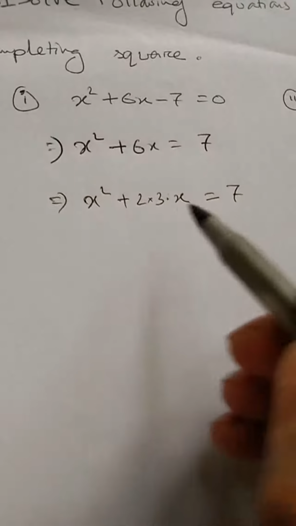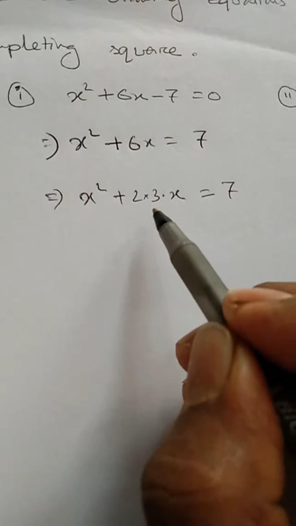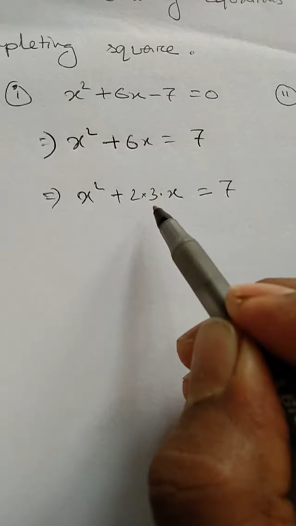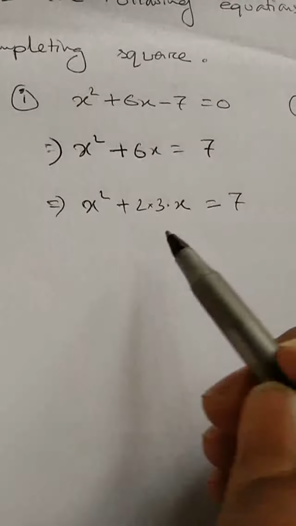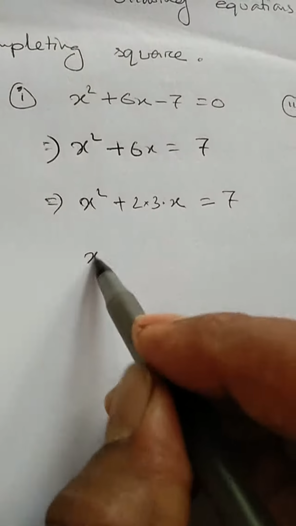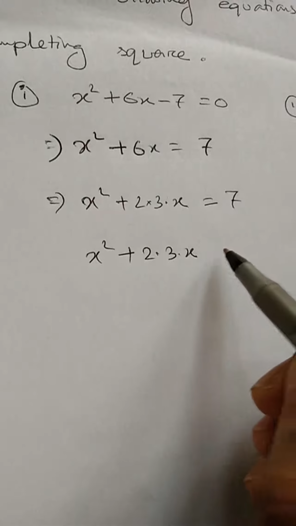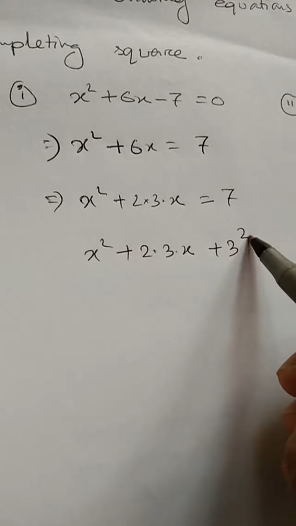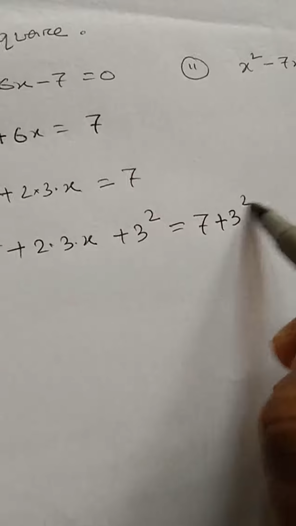Then next, whatever term is there in between 2 and x, here it is 3, the square of that number we have to add to both sides. So 2 into 3 into x, this 3 square will be added to both sides: 3 square equals 7 plus 3 square.